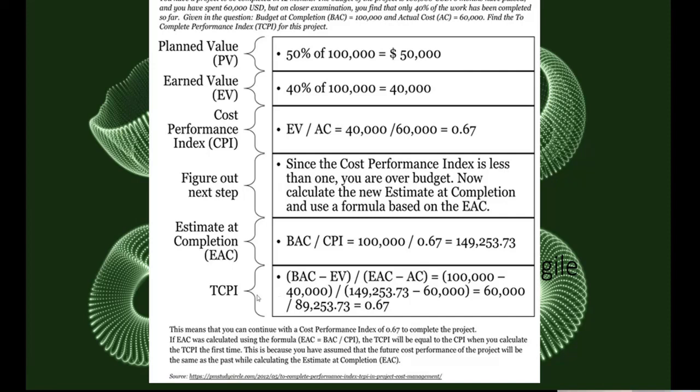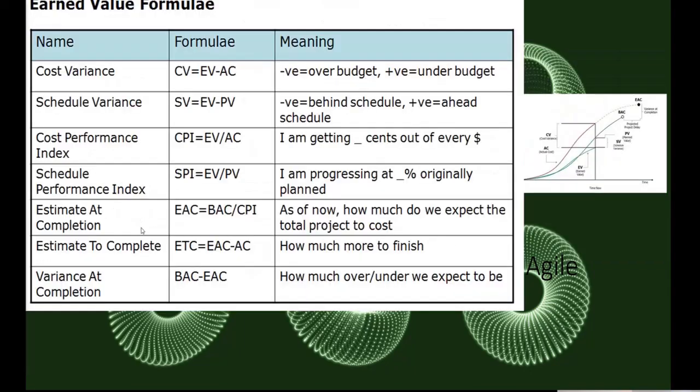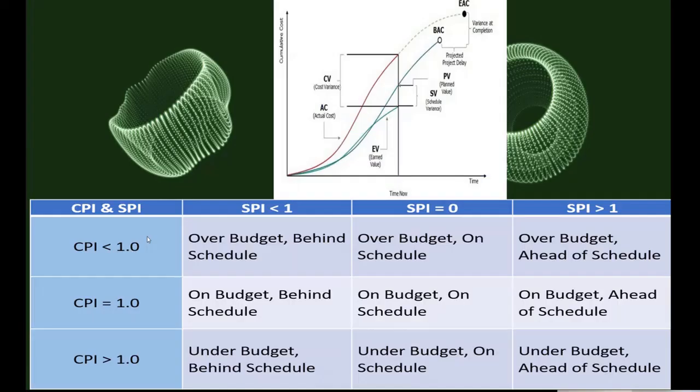Another thing is TCPI, to complete performance index. So in here you are saying that we actually planned for $100,000, but we found that it needs $150,000.